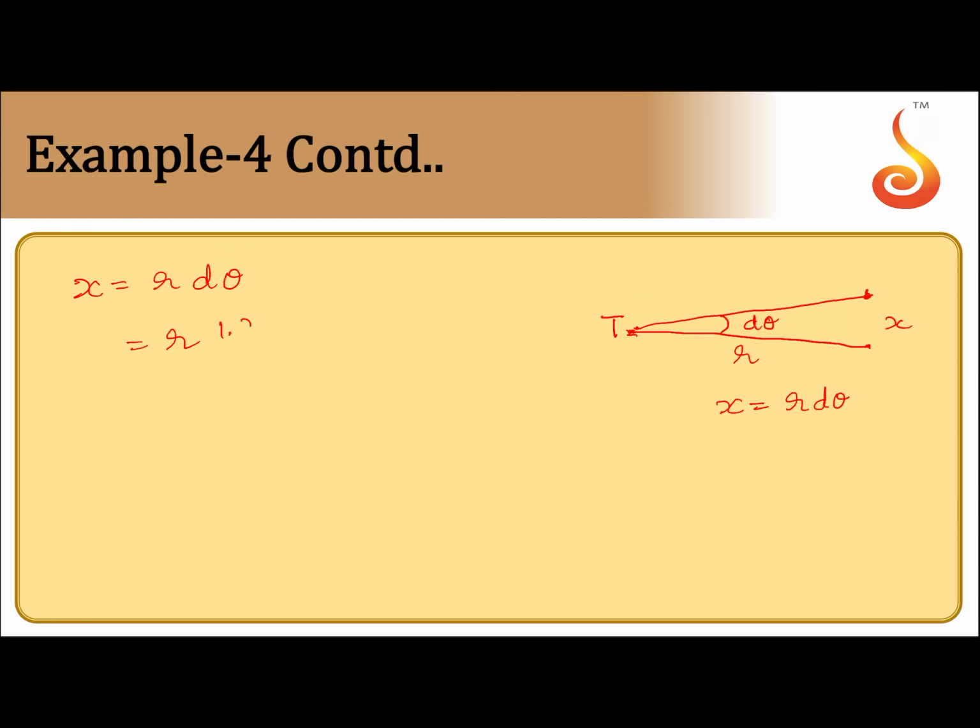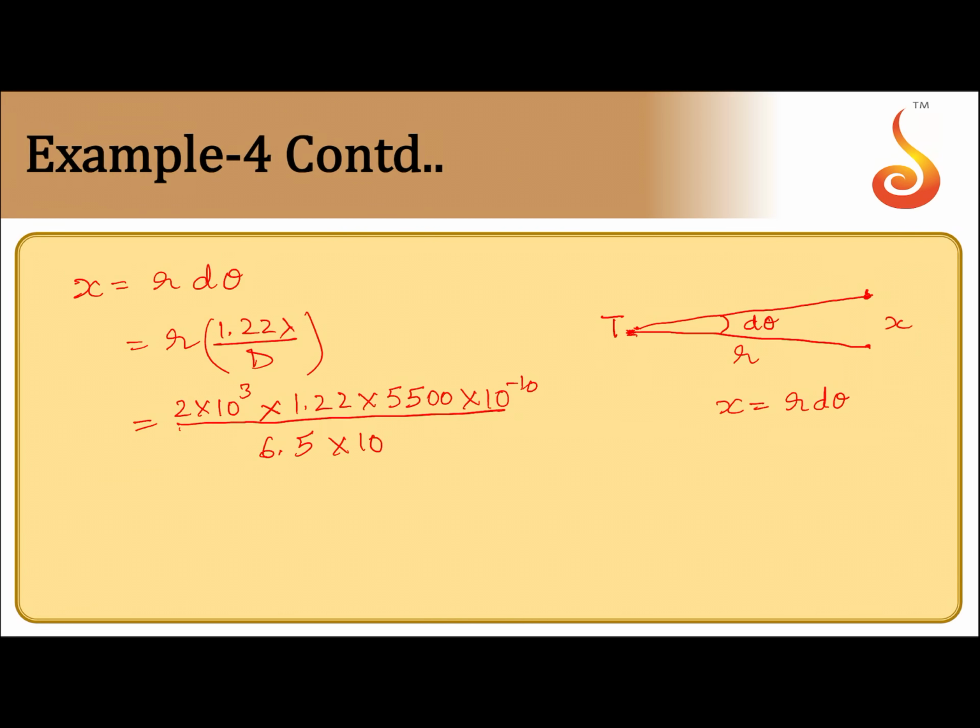Limit of resolution d theta can be written as 1.22 lambda divided by diameter of the objective. Now everything is given, just substitute and simplify. r is given, it is 2 kilometer, that is 2 into 10 power 3 into 1.22. Lambda is 5500 into 10 power minus 10, divided by capital D, which is 6.5 into 10 to the power minus 2.